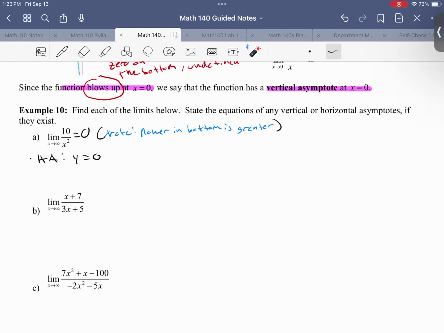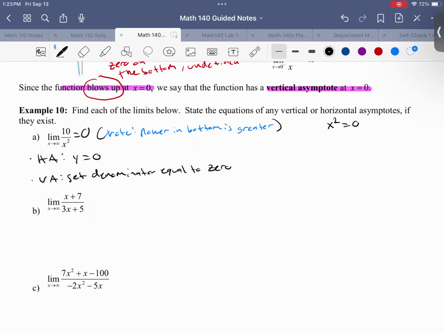And then our vertical asymptote, remember, it's when it blows up, right? So you got to set denominator equal to 0. So I'll say set denominator equal to 0. Okay, so let's go ahead and find that out. So up here, the denominator is x squared, and I'm setting that equal to 0.